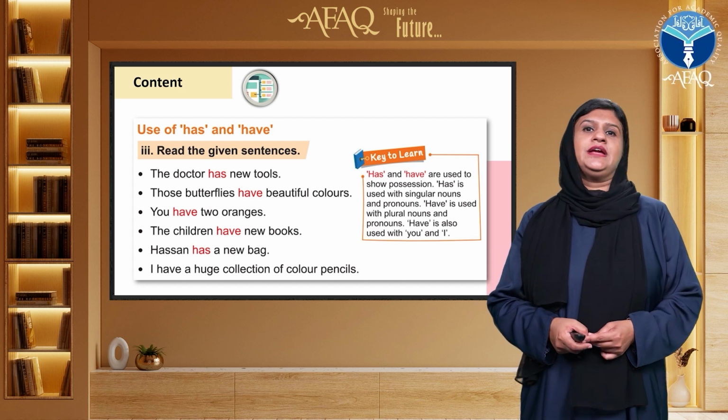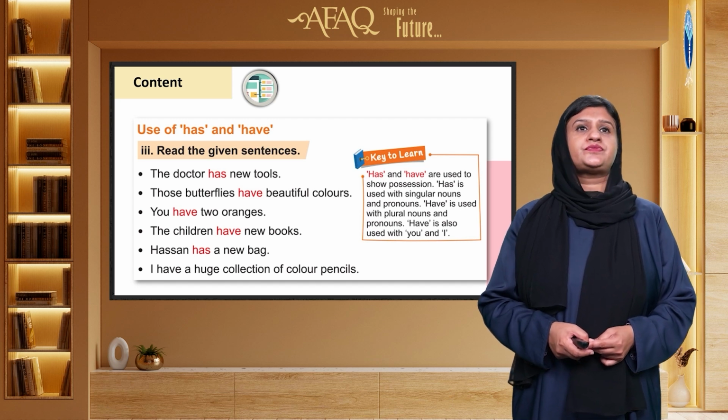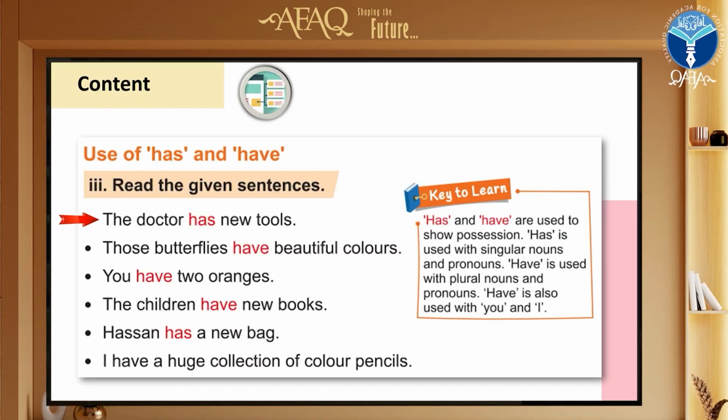Let's read some example sentences. The doctor has new tools. So a doctor is a singular noun. That is why we have used has. Those butterflies have beautiful colors, because butterflies are many. So we are using have over here. You have 2 oranges, and we are using you before that.